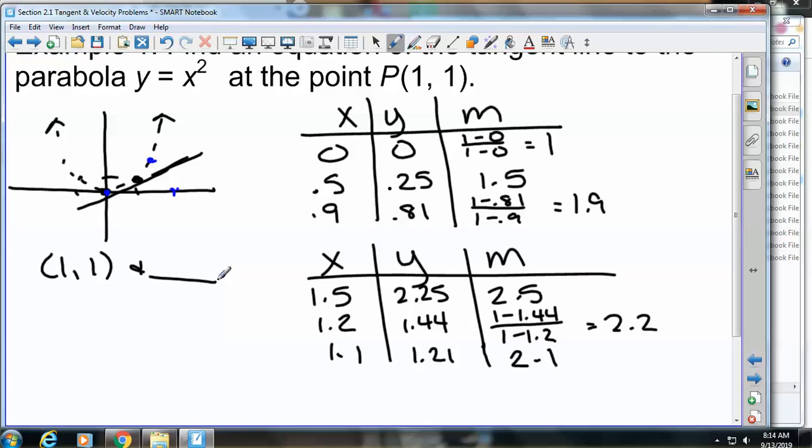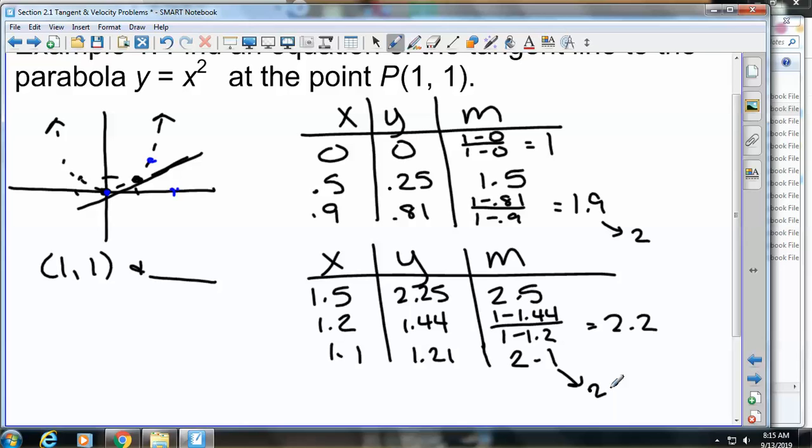Can you tell what this is approaching? What do you think? Maybe a 2? Maybe, and if we keep doing more, I think we can say in general it's just going to keep getting closer to 2. These two numbers should match.